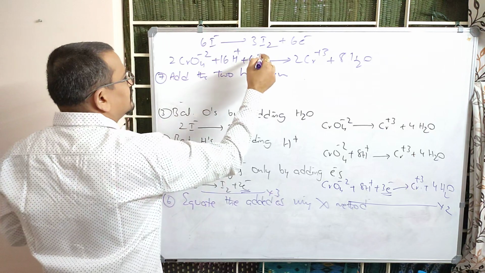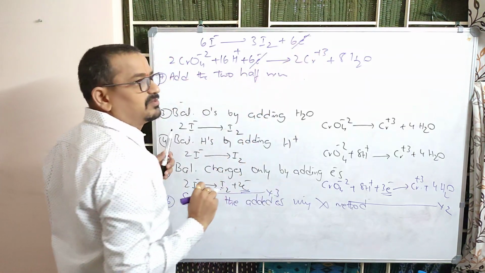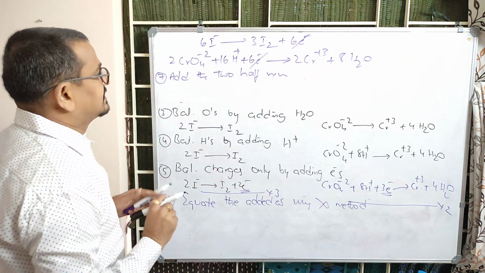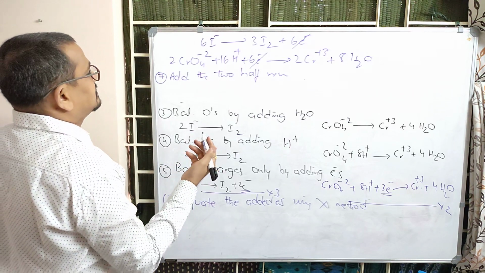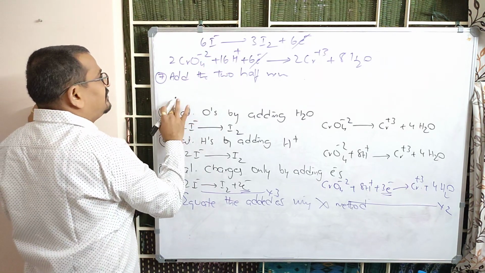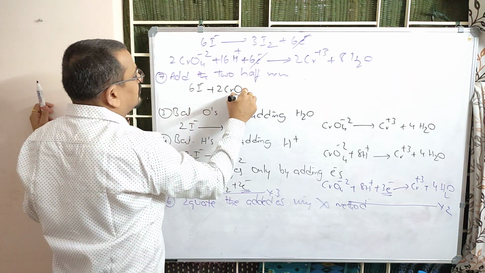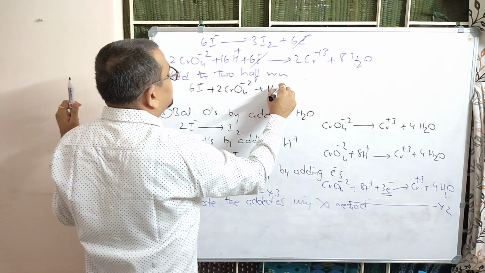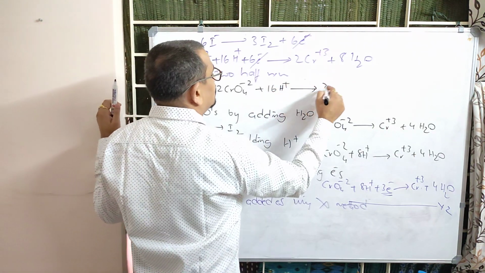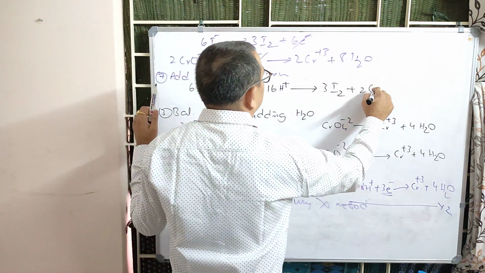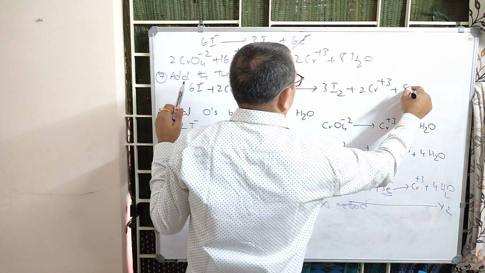Simply before adding, we can cancel some common things. Opposite side electrons are there, we can cancel them, and anything else to cancel, nothing. Now if you add them, 6I minus plus 2 moles of CrO4 minus 2 plus 16H plus, giving rise to 3I2 plus 2 moles of Cr plus 3 plus 8H2O.